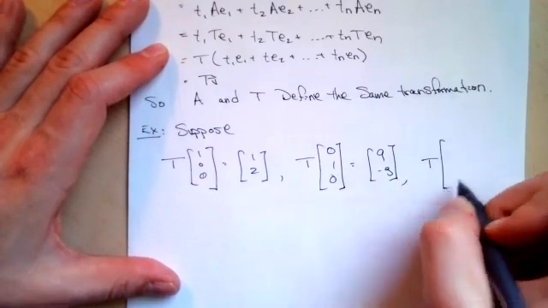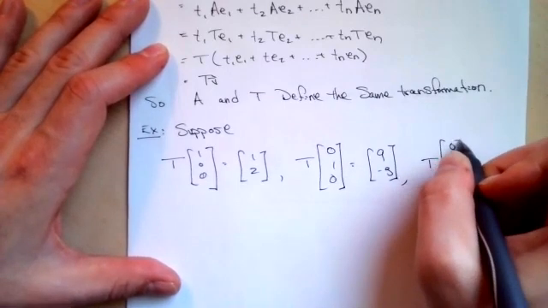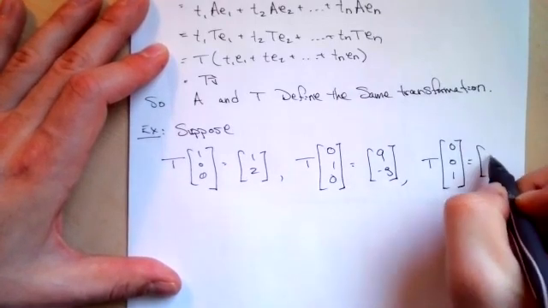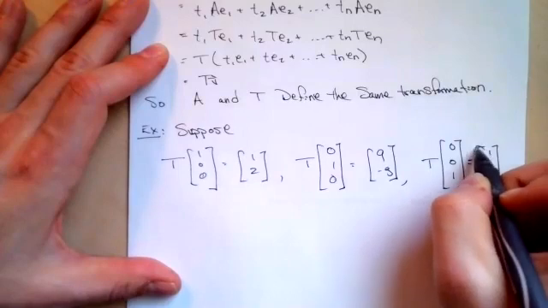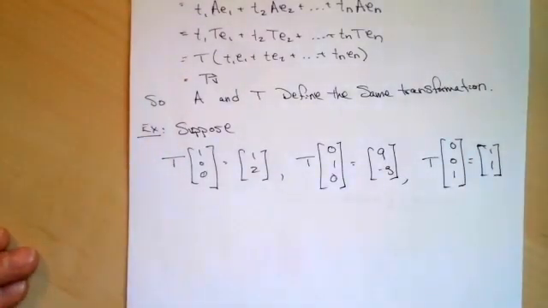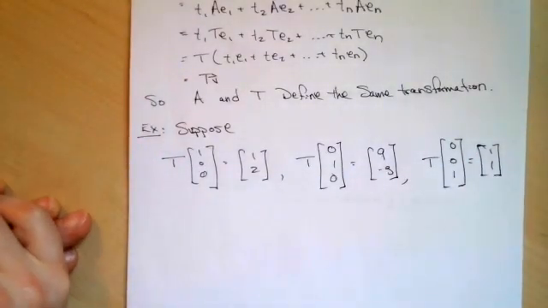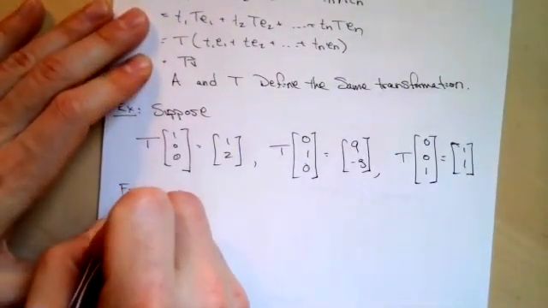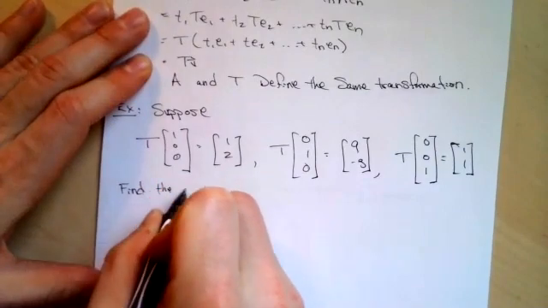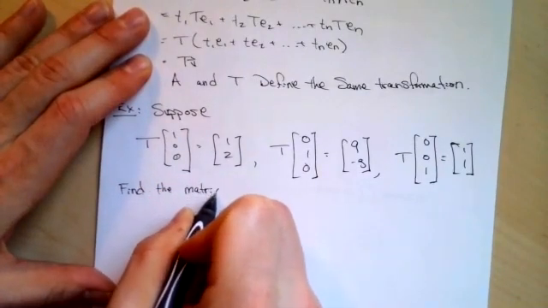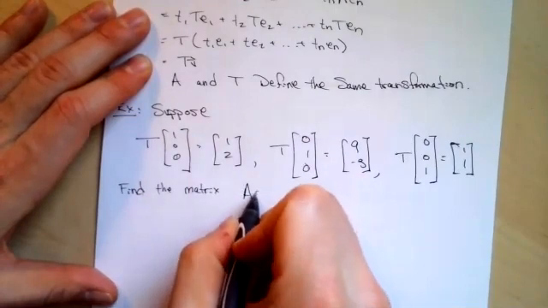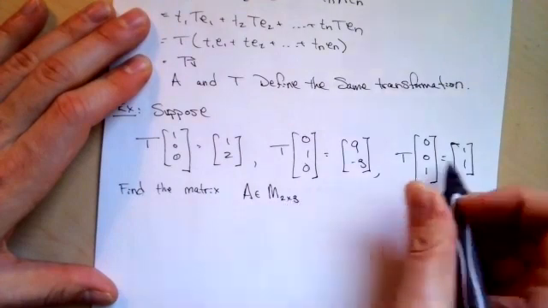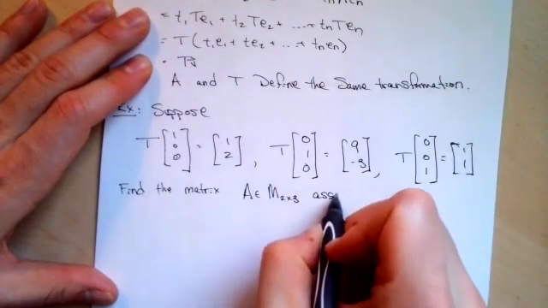And T of (0, 0, 1) is going to equal (1, 1). And what do we want to find? Find the matrix A, which will be a 2 by 3 matrix associated with T.